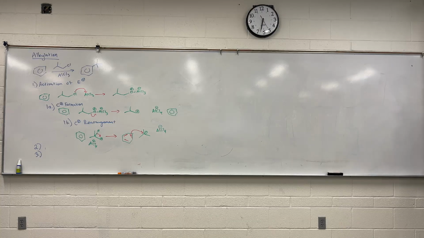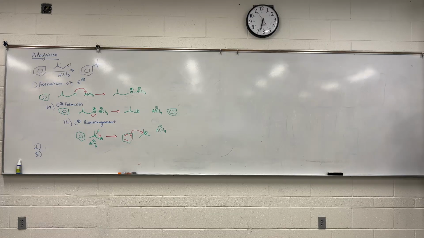Can you guys tell me that alkyl group in that first reaction? Ortho-para director? Or no? Yeah, the alkylation on your written work. Ortho-para director? The isopropyl group? It is. Why is it an ortho-para director?